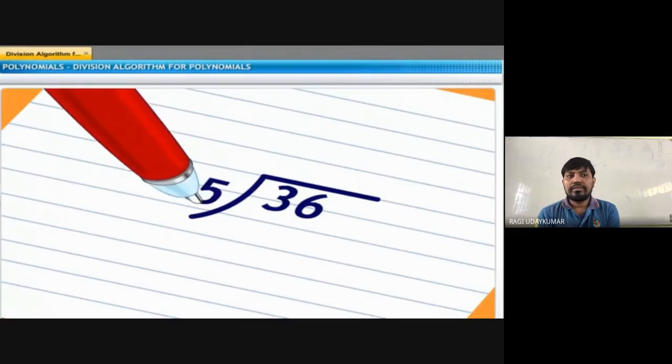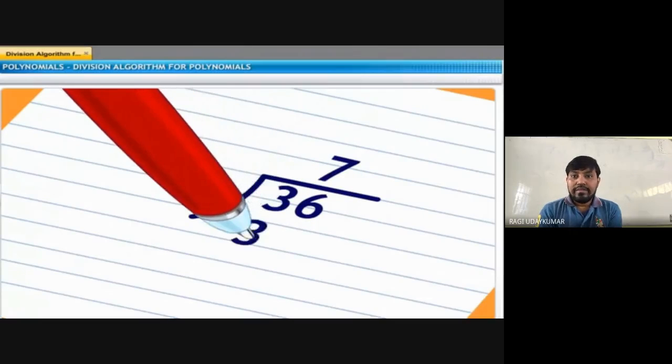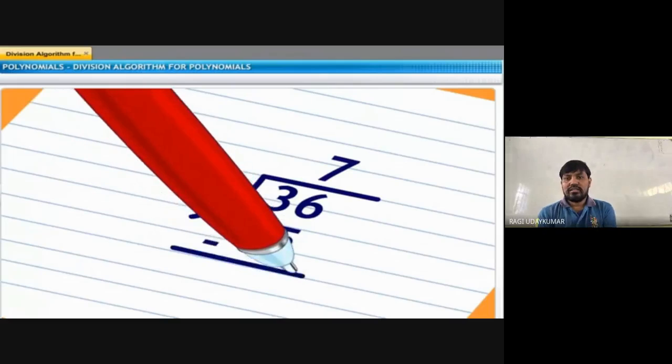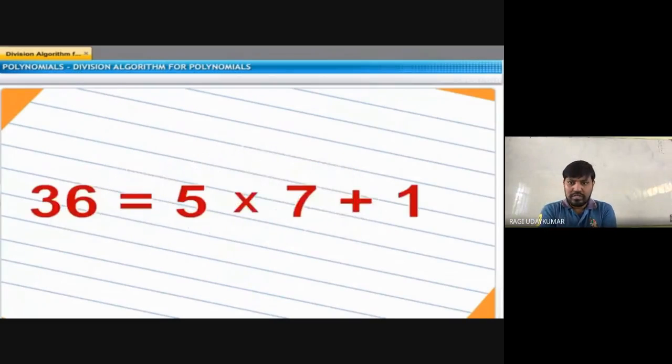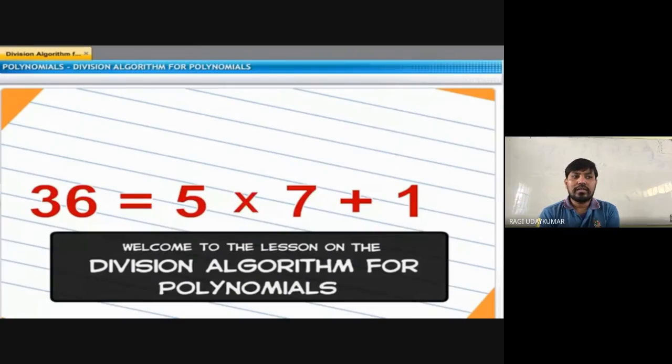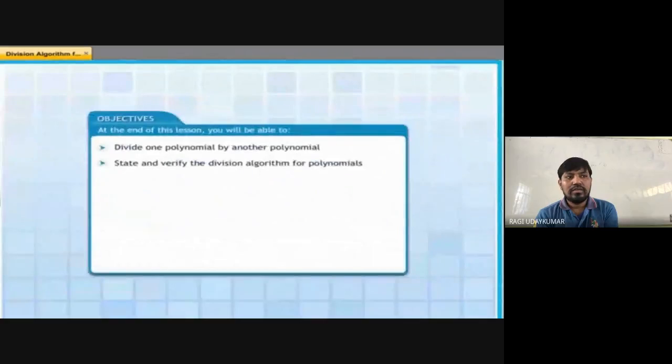So now here, division algorithm for the polynomials. Actually, this division algorithm for the polynomials, this year it is deleted from your syllabus. So normally, whatever it is shown, 36 is equal to 5 into 7 plus 1. For polynomials, we are going to divide one polynomial by another polynomial and state and verify the division algorithm.